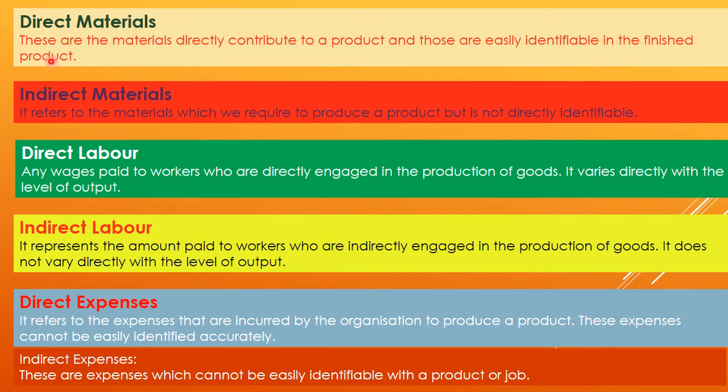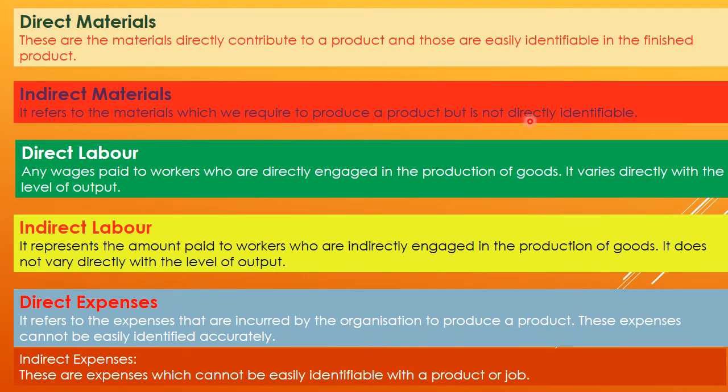For example, nails used in the timber industry for making the furniture. Those nails are not that easily identifiable. So that is the indirect material. That type of materials are called indirect material. So the materials which are required to produce a product but are not directly identifiable are the indirect material.